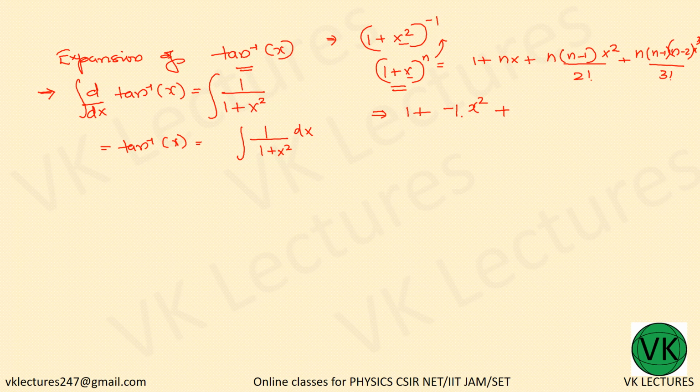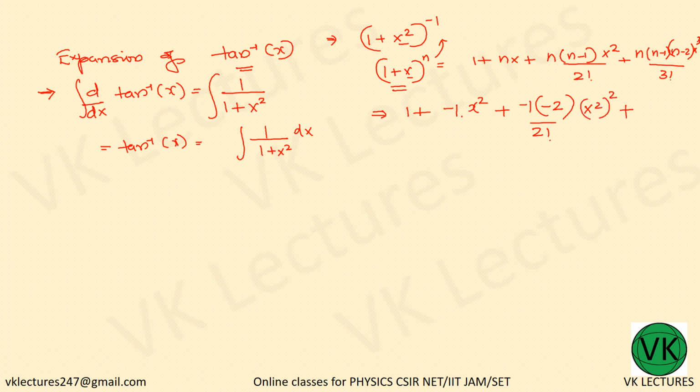Plus n is minus 1, minus 1 minus 1, that is minus 2, so minus 1 into minus 2 divided by 2 factorial, and this x is x square whole square.